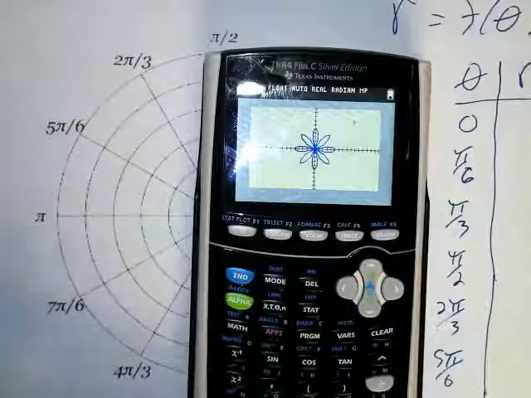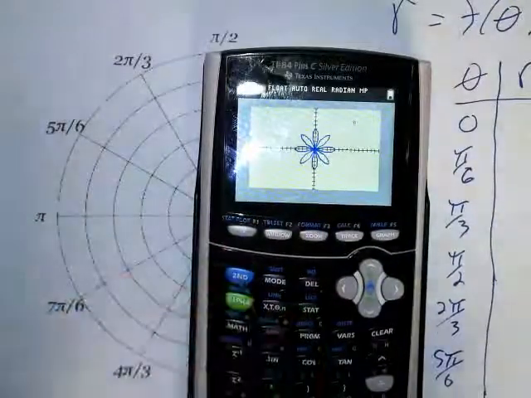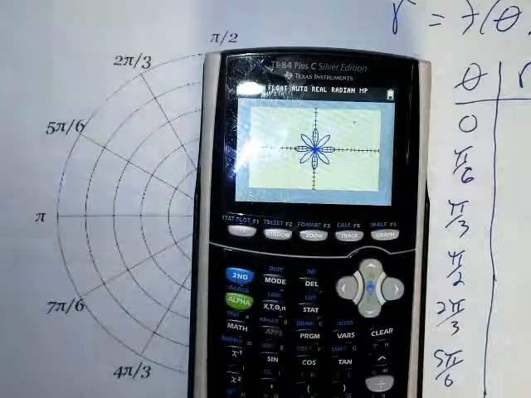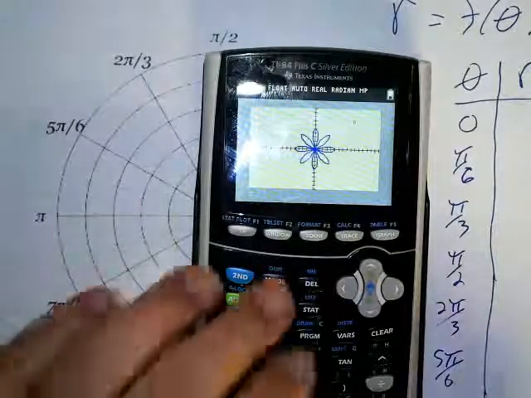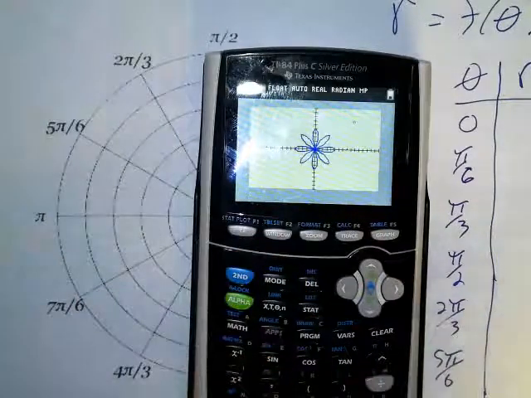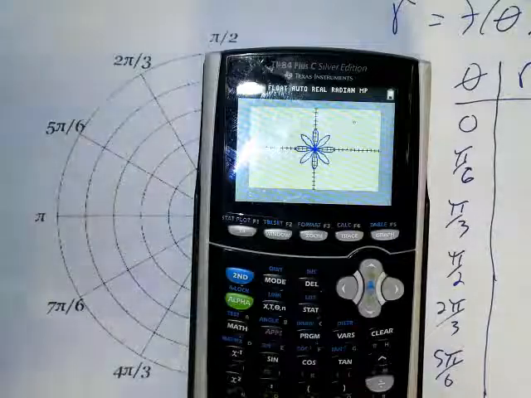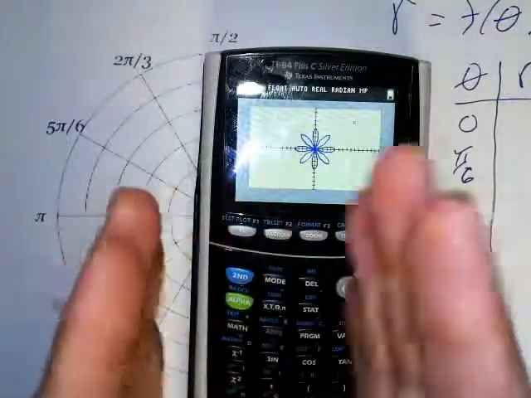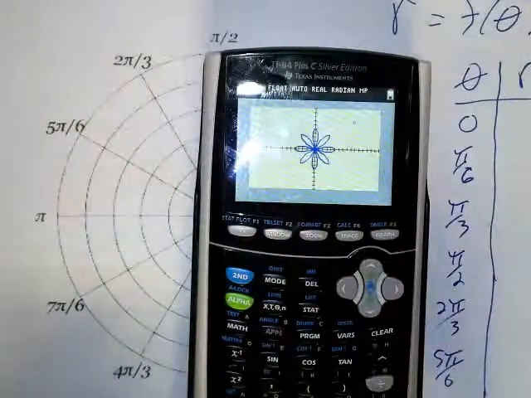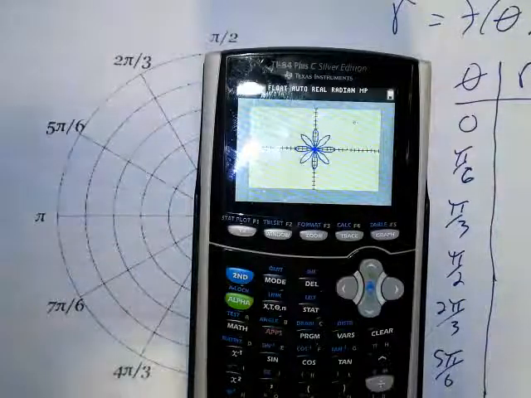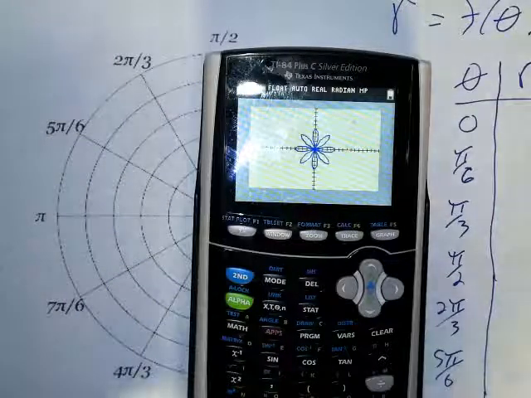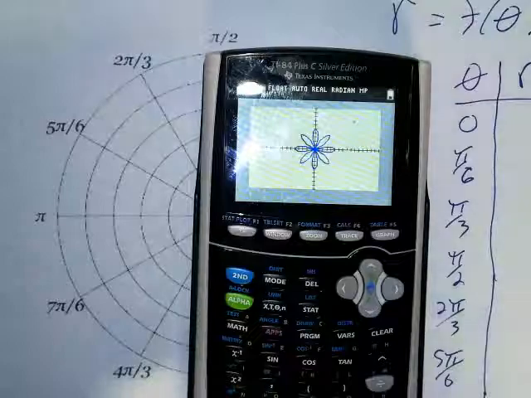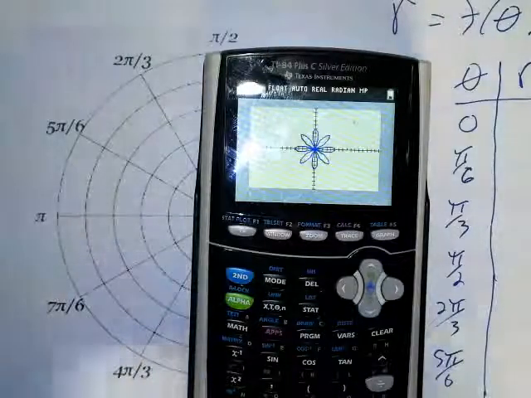So the other one, when I had 5, it actually traced through it twice. But this traces through it once, but the petals are off center, creating twice as many petals. But when it was 5, it traced through it twice, but it went over the same petals.